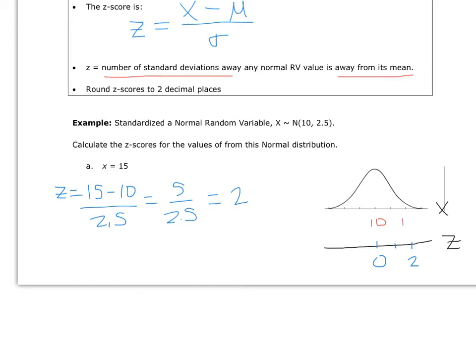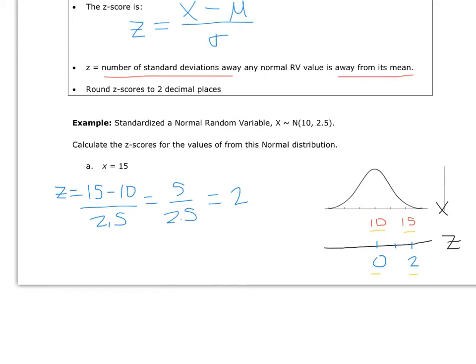So, the relationship between 0 and 2 is the same as the relationship between 10 and 15 in our normal random variable with mean of 10 and standard deviation of 2.5. By standardizing it, we can get an idea of how many standard deviations away a particular value is from its mean.